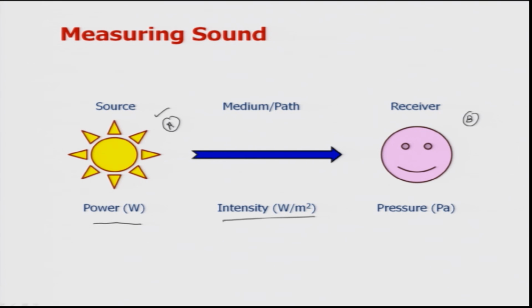That is known as intensity, and the units are watts per square meter. And finally, there is a receiver, and at the receiver end typically people are interested in how much pressure is generated either at the location of the microphone or at the location of the ear. The unit of measurement is pascals. So, we can measure it in watts, or watts per square meter, or in pascals.